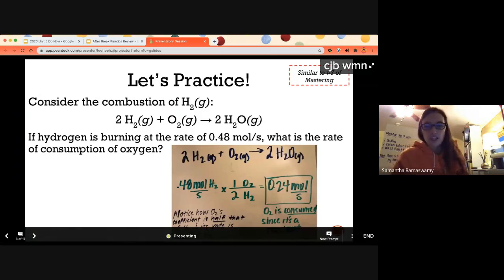So if hydrogen is burning at a rate of 0.48 moles per second, what I did is I worked through this on a whiteboard and then I just put a picture of it on the slide. So they gave us the balanced equation. Start with the rate that they give you, 0.48 moles per second. And then over here, I just put of H2. Then you can use the balanced equation, use the coefficients to go from one substance to another.